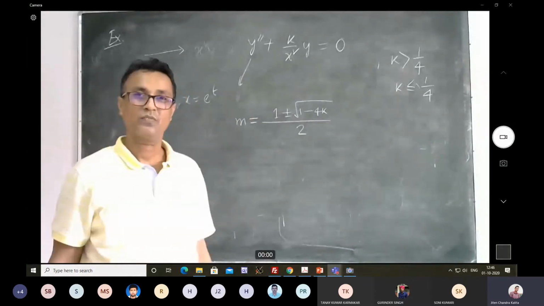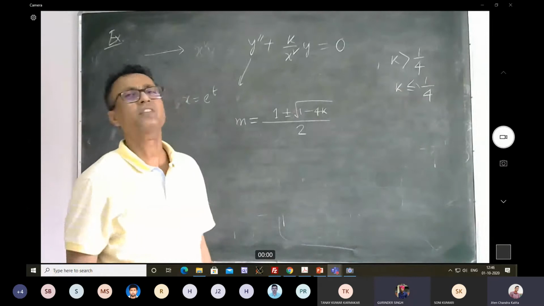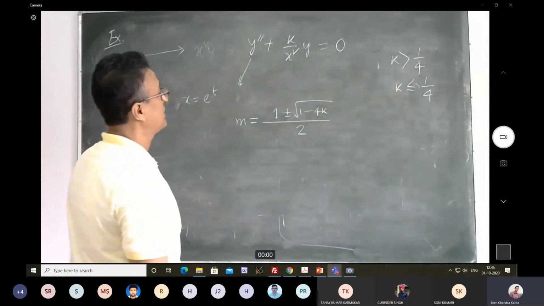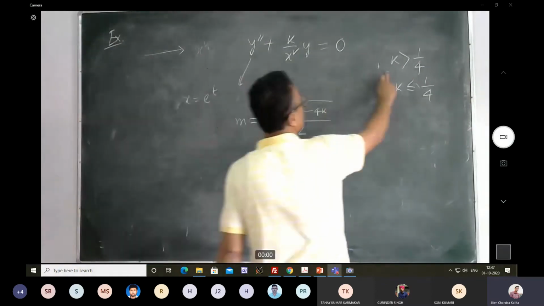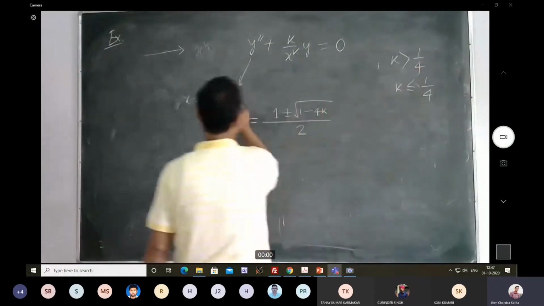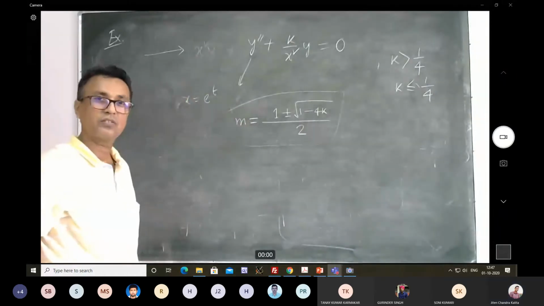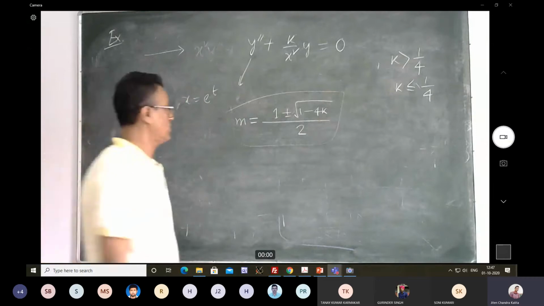Yes, because m squared minus m plus k. Now obviously you can see that if k is strictly greater than 1/4, this is going to have some complex root. Isn't it? This is going to have some complex root.